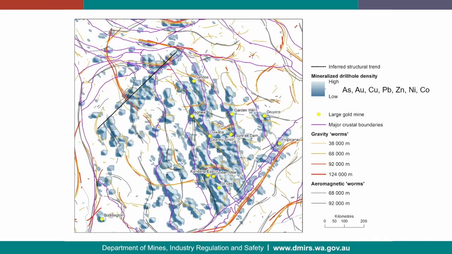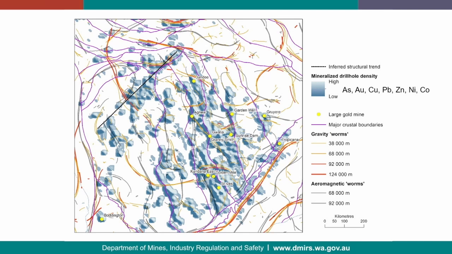And I'll draw your attention to the Golden Mile and Kundana area there, where there's a sort of an east-west trending, potentially south-dipping structure indicated by those deep gravity worms. And I wonder if it's any coincidence that we seem to have a similar situation over at Boddington.